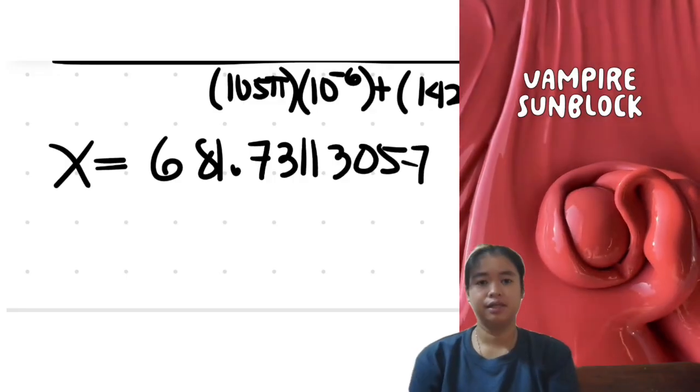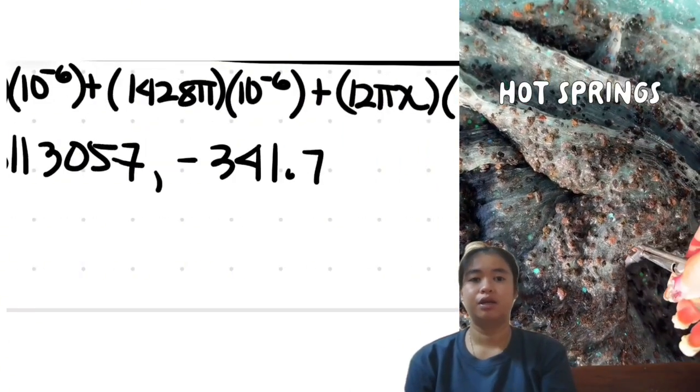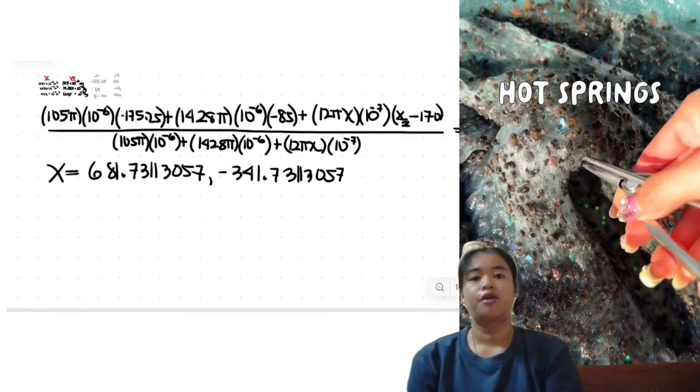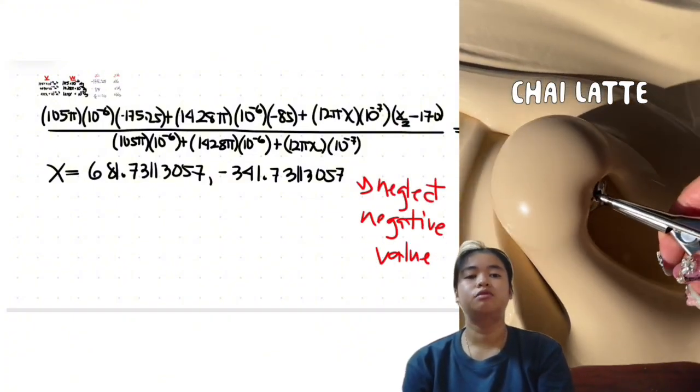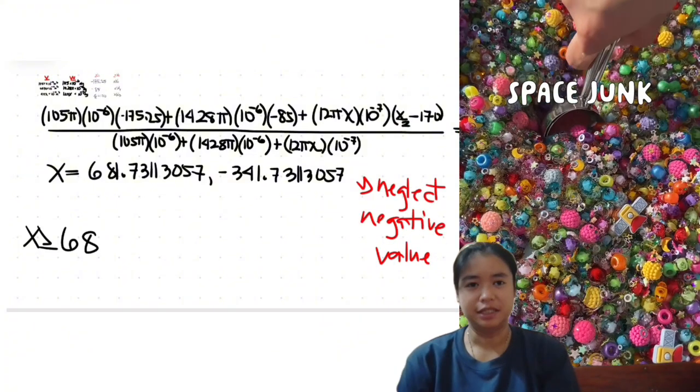But since x is a magnitude, we neglect the negative value, so our final answer for x is 681.73113057. So that's it.